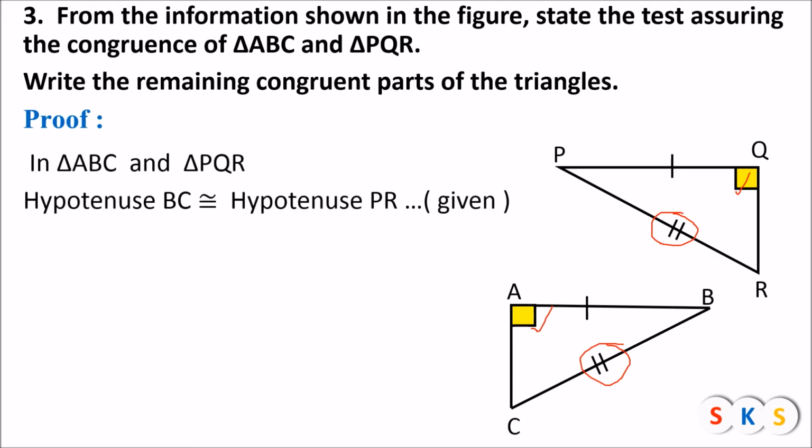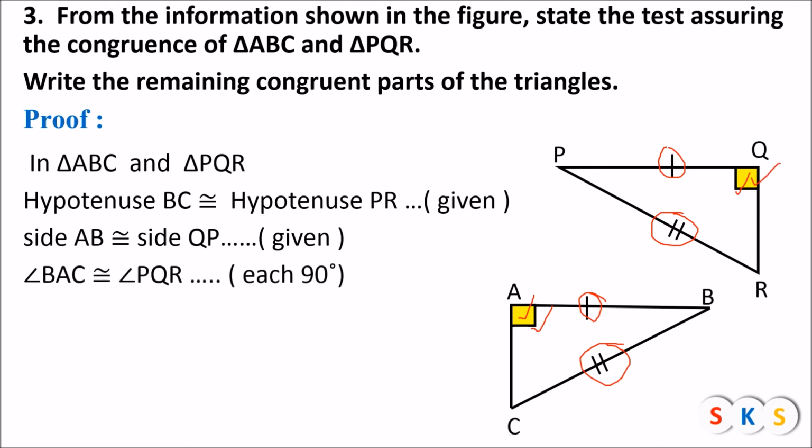And here side AB and side PQ are congruent because they have the same kind of mark. And angle BAC is congruent to angle PQR because both have the same measure, that is 90 degrees.